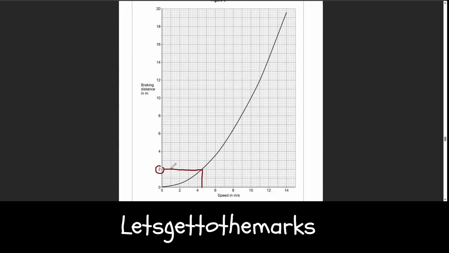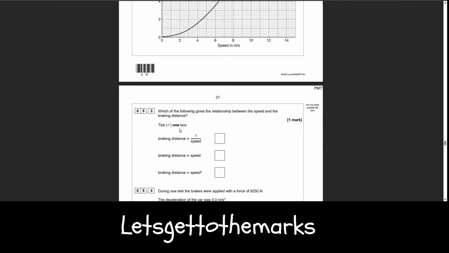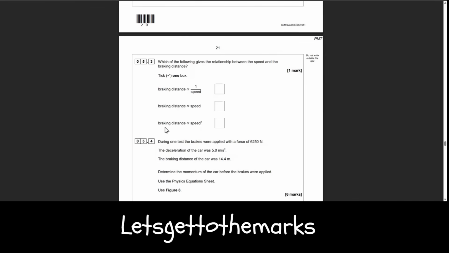No, we get like 0.2. So the braking distance is not equal to that, and we can get rid of that. So this leaves our only answer as braking distance is equal to the speed squared.